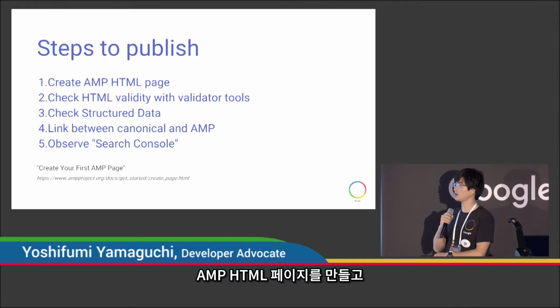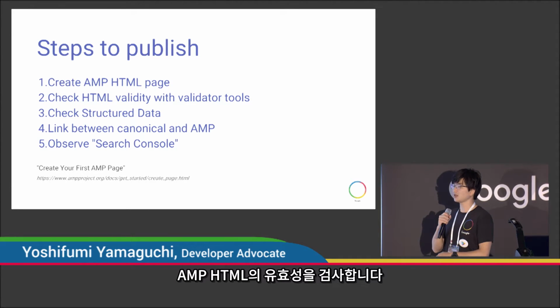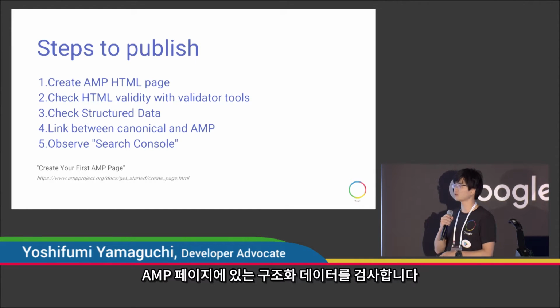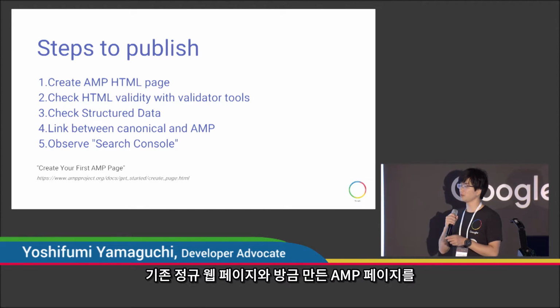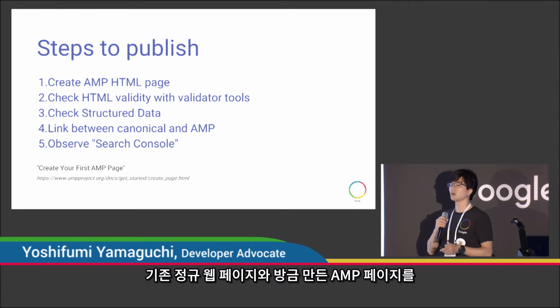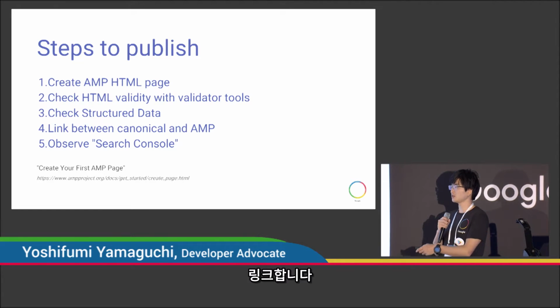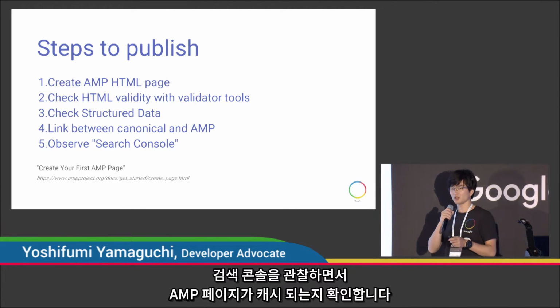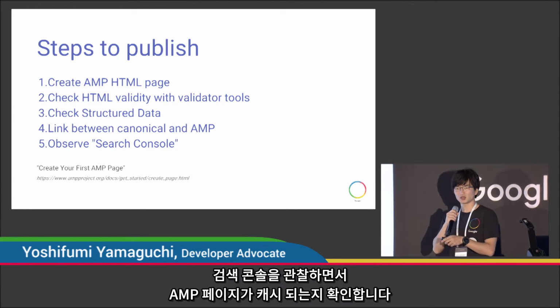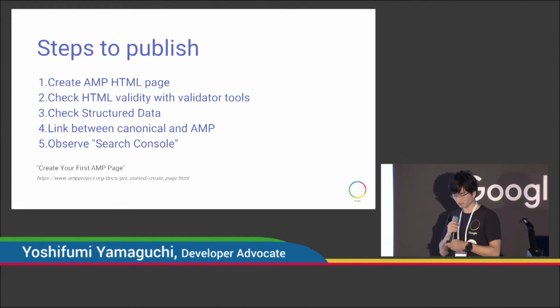Create the AMP HTML page and check the validity of that AMP HTML. Then check the structured data embedded in the AMP pages. Then link between existing canonical web pages and the AMP pages just created. Then observe Search Console to see if those AMP pages are cached or not.